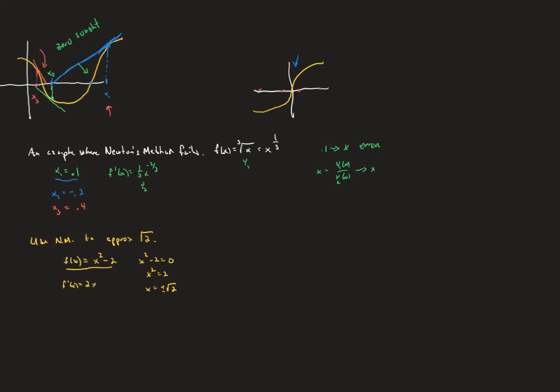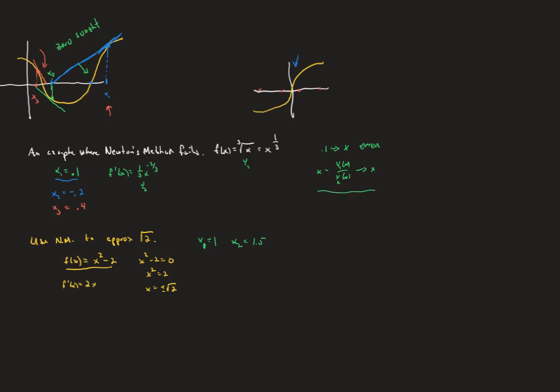Let's choose for our first guess, x sub 1, to be 1, just so we can agree, and see if we can do this. For my second guess, I'm getting 1.5, after we did that whole routine we did over here.